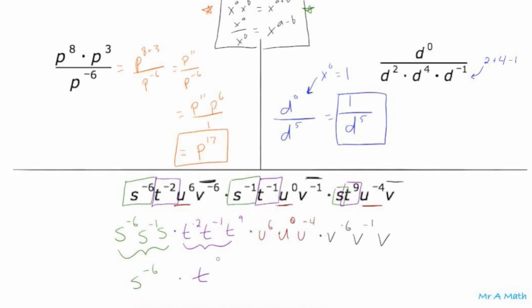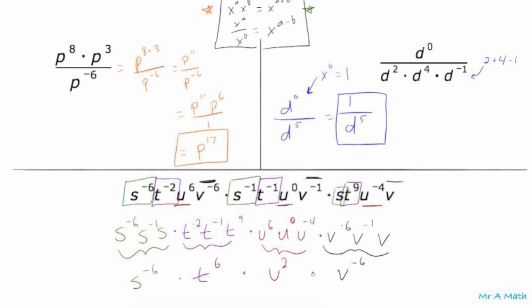That should give me positive 6. And then 6 plus 0 minus 4 is going to be u to the 2nd, or u squared. And then in the black, we have v to the negative 6 times v to the negative 1 times v to the 1. So that is going to leave me with v to the negative 6.